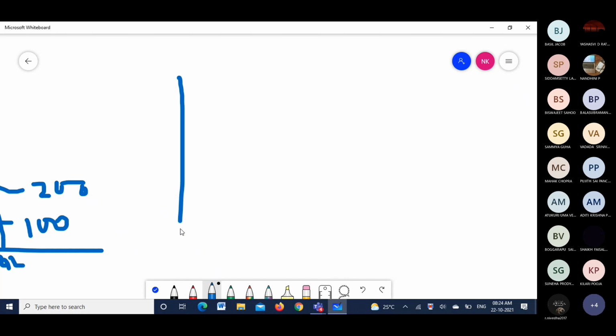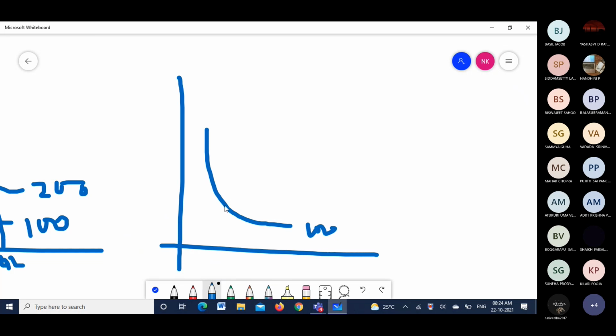If you want to show the diminishing returns, for 100 units, 2 units of capital and 2 units of labor is used. For the next 100 units, that is 200 units, first it is 2 units, now there is a need of 3 units.